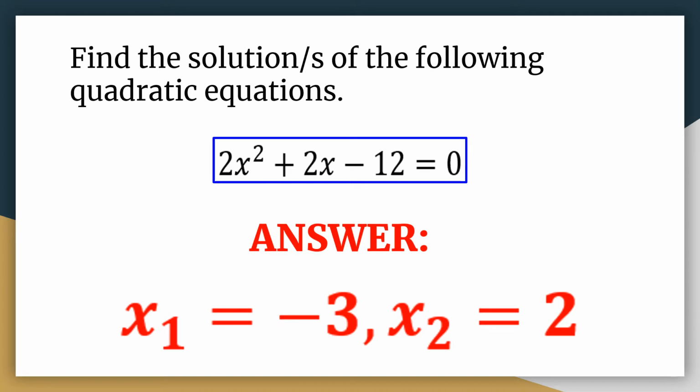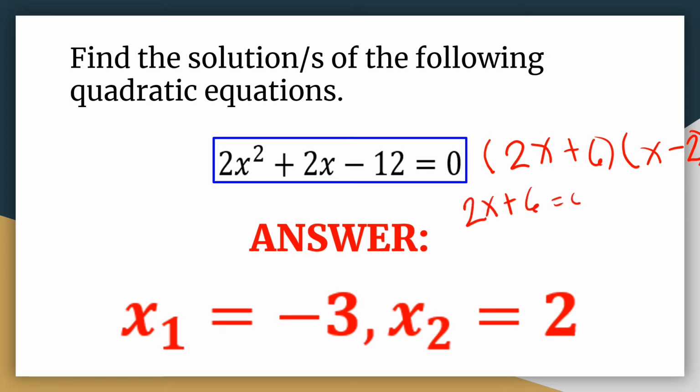If we're going to factor this one, we're going to have (2x plus 6) times (x minus 2). So by zero product, we're going to have 2x plus 6 equals 0 and x minus 2 equals 0.